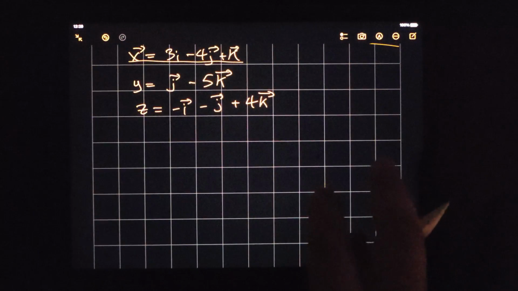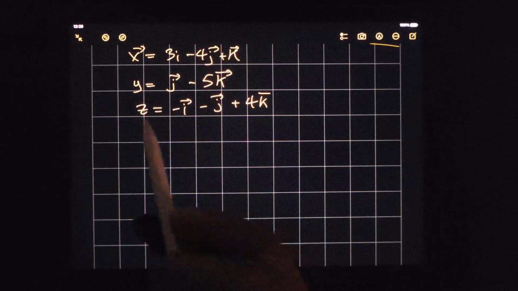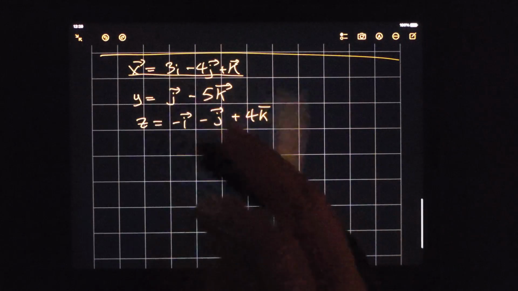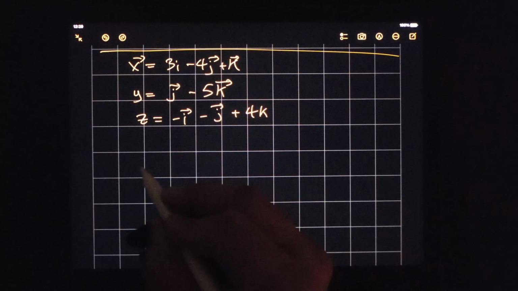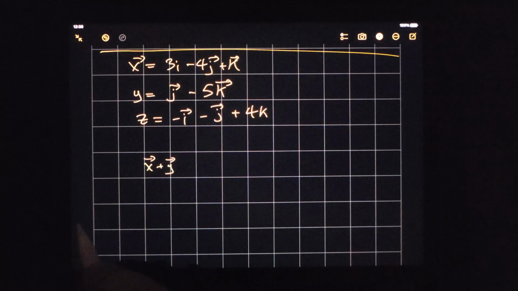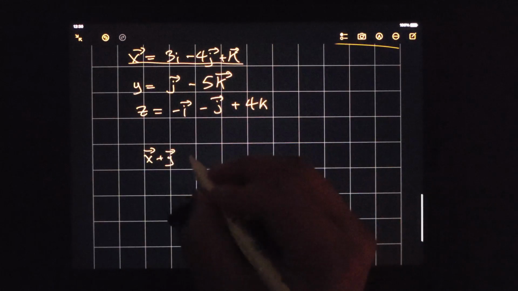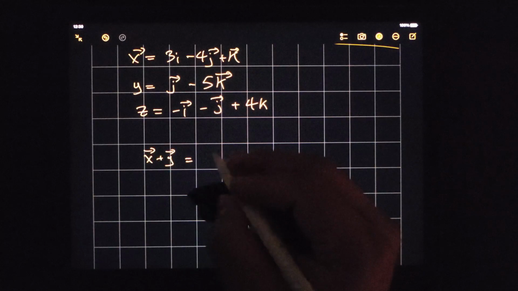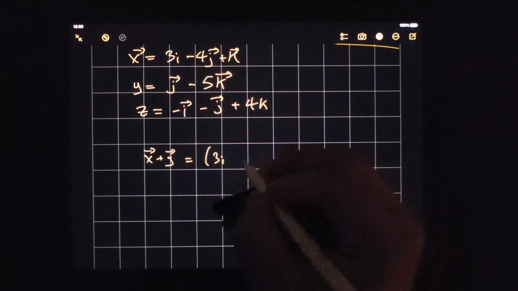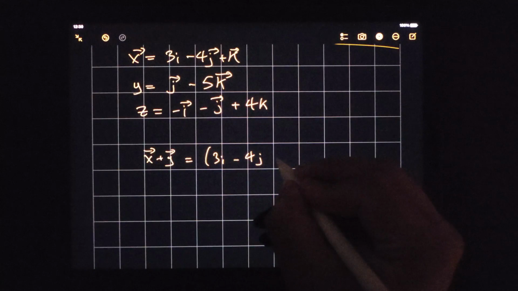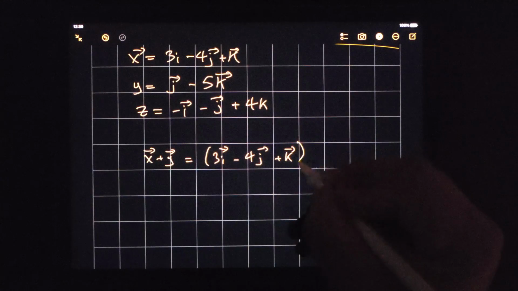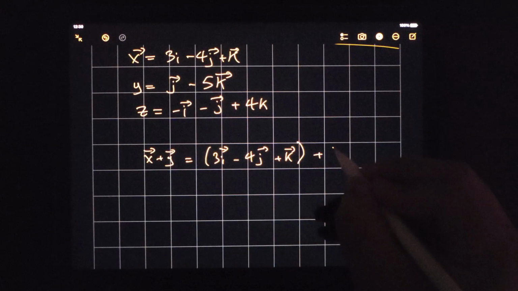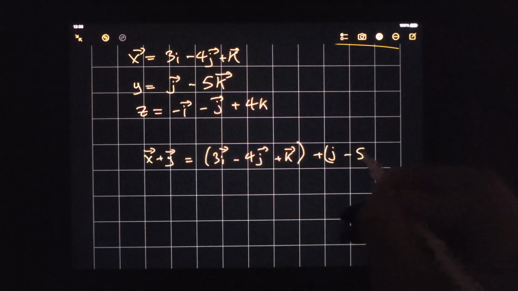So let's do x plus y. If we write out x plus y, it's going to be 3i minus 4j plus k plus j minus 5k.